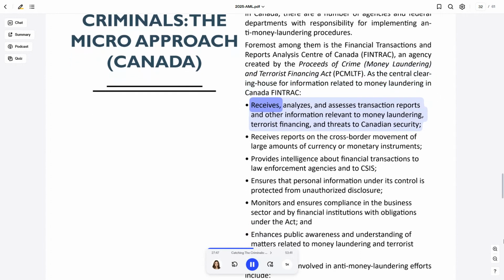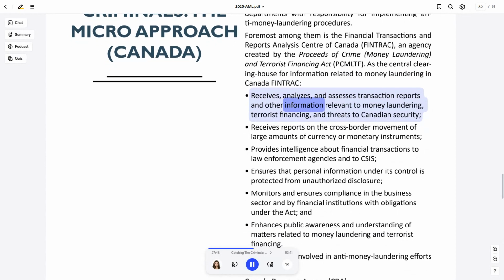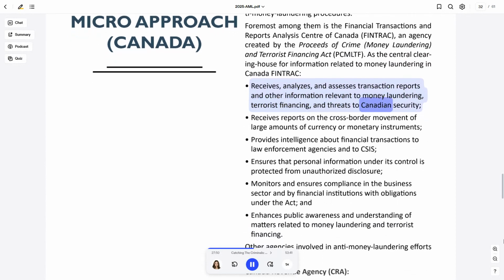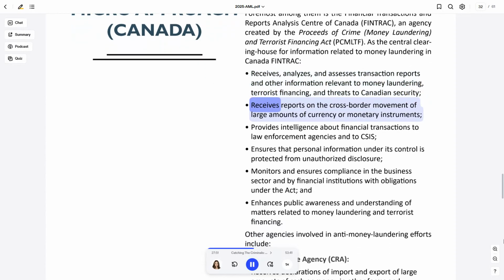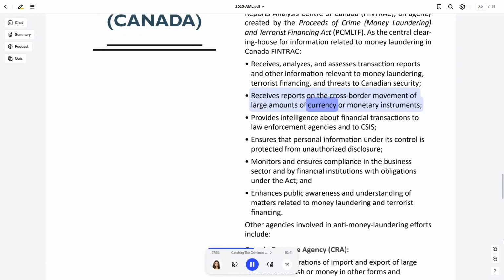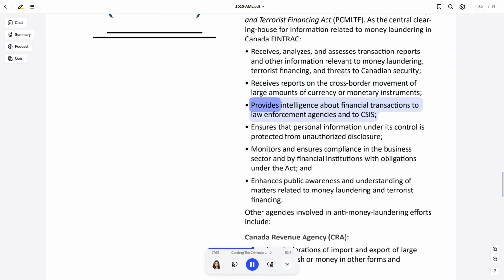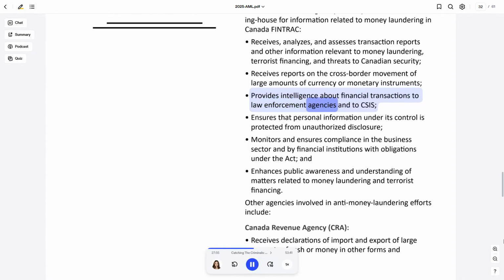FINTRAC receives, analyzes, and assesses transaction reports and other information relevant to money laundering, terrorist financing, and threats to Canadian security. It receives reports on the cross-border movement of large amounts of currency or monetary instruments. It provides intelligence about financial transactions to law enforcement agencies and to CSIS.